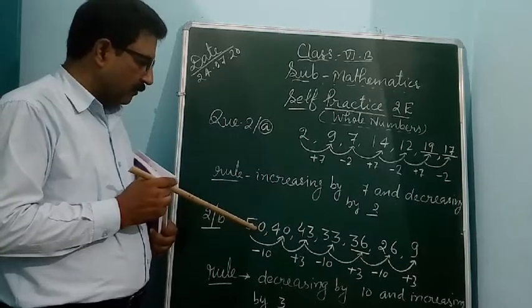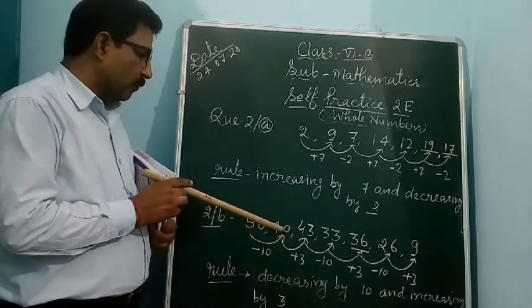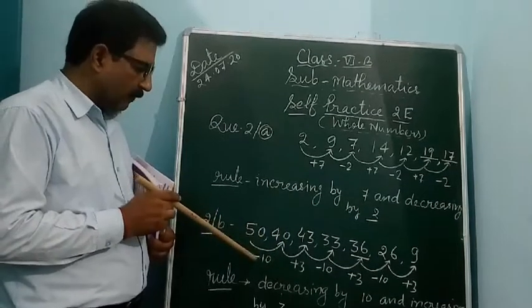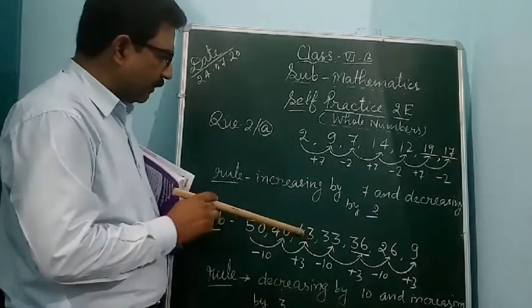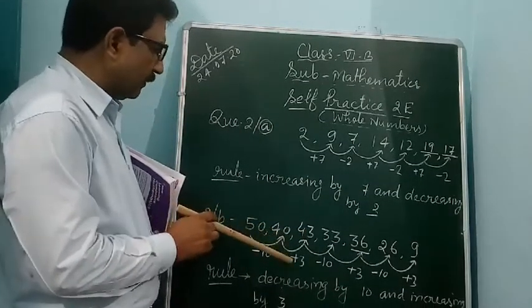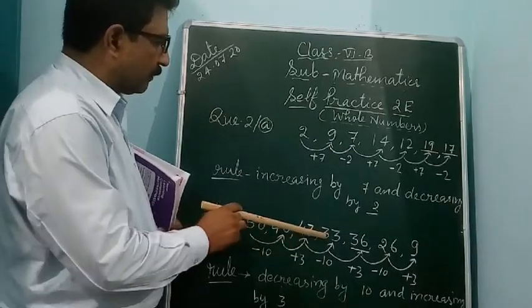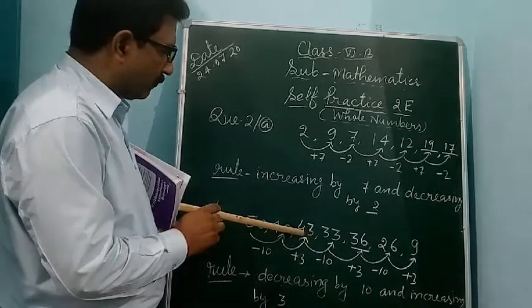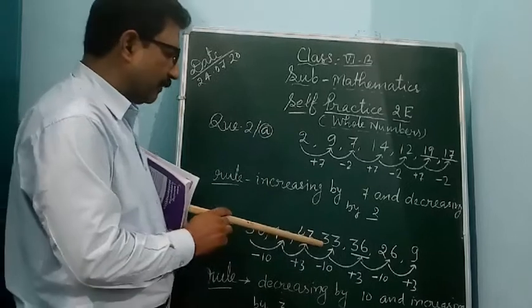The difference between 50 and 40 is 10, so 40 is less than 50 by 10. The difference is minus 10. The next number is 43: 40 plus 3 is 43. Next is 33: 43 minus 10 is 33.